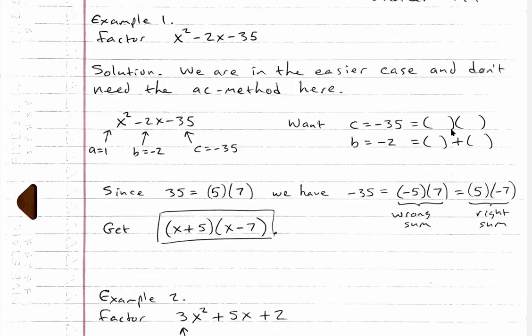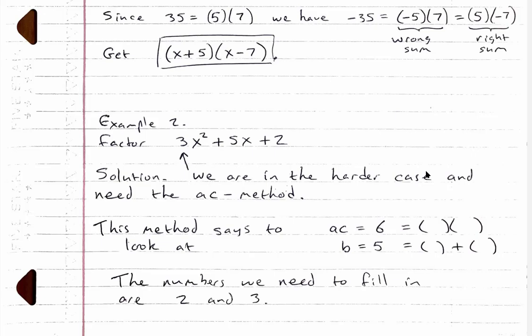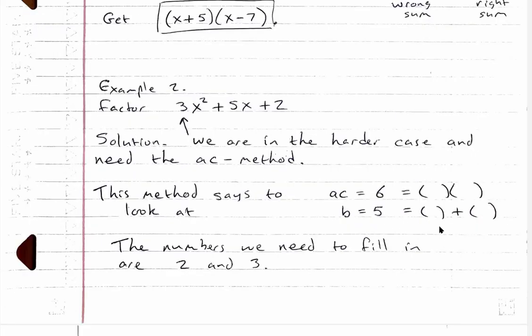Similar to before, now we're looking for two numbers that multiply to give AC, and add up to give b. 6 is 1 times 6, or 2 times 3, or -1 times -6, -2 times -3. But the two numbers we're looking for should add up to 5.